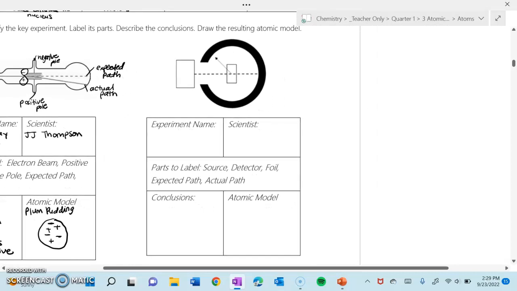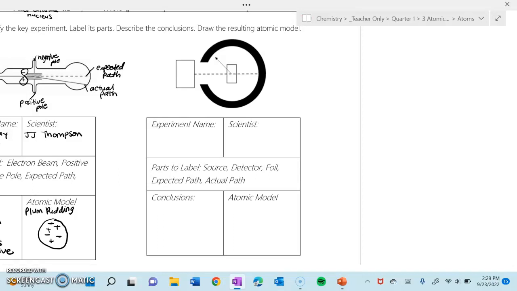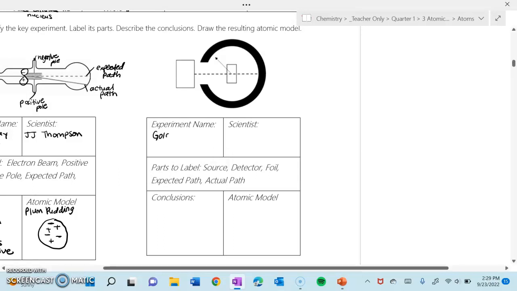So let's talk a little bit about the nucleus in our second experiment here. This is called the gold foil experiment, and it was conducted by Ernest Rutherford. And in this experiment, he had a source set up that emitted some little particles through a little laser, and then this semicircle thing is the detector.